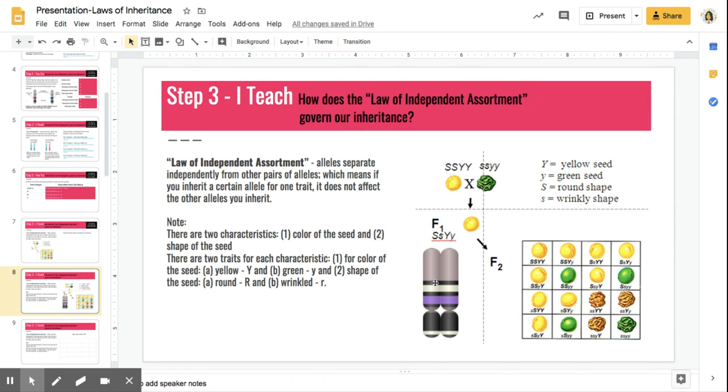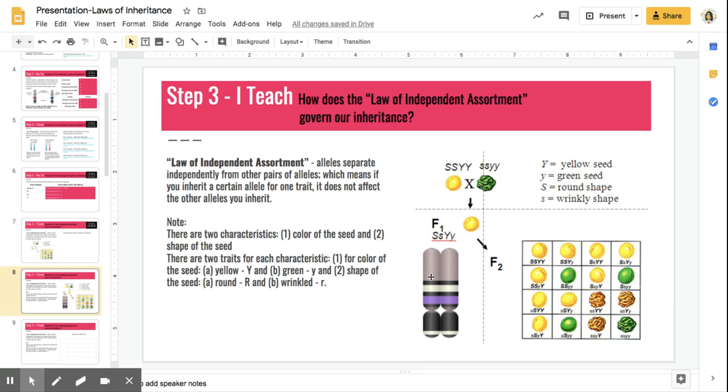The law of independent assortment just states that they do not affect one another. They are sorted independently from each other.